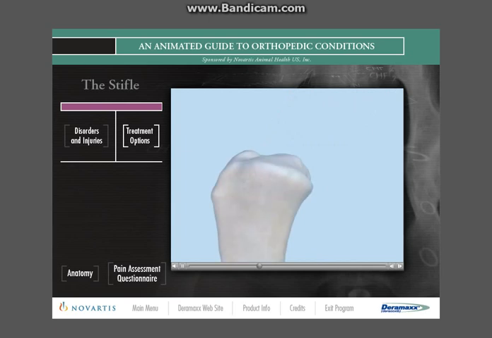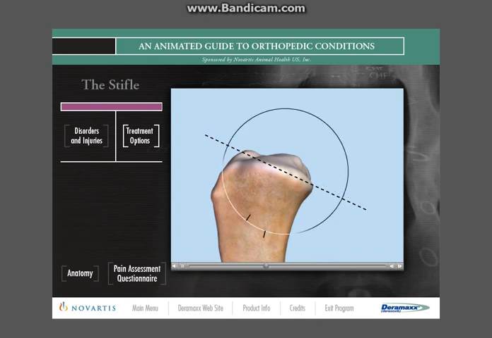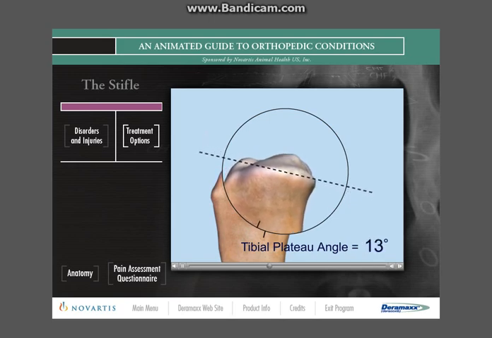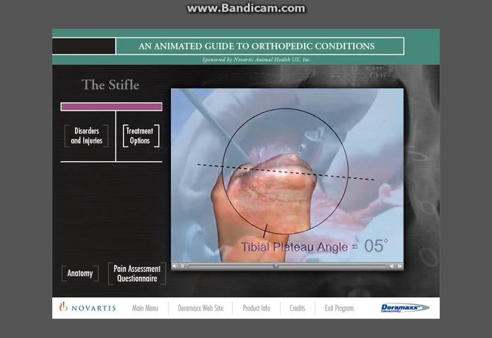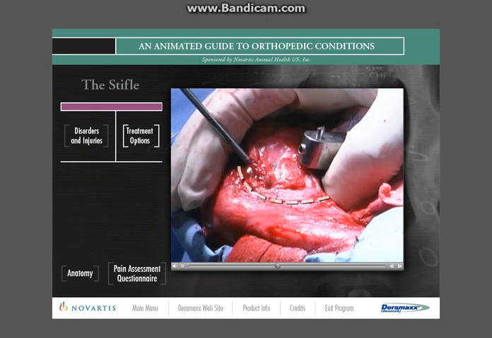Tibial plateau leveling osteotomy, known as TPLO, is one of several surgical techniques for managing a torn cranial cruciate ligament. This technique reorients the caudodistal orientation of the tibial plateau slope to a more level position, thereby providing functional stability during weight-bearing. A precisely determined crescent-shaped osteotomy is made in the caudoproximal portion of the tibia.